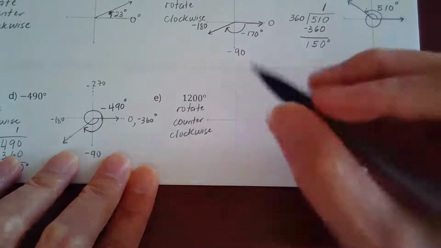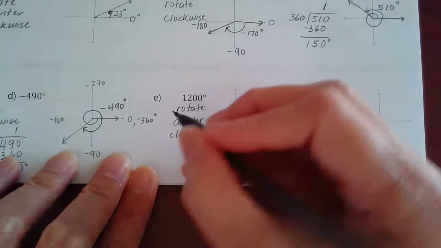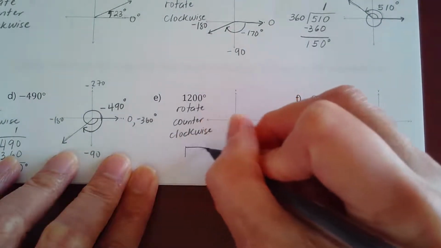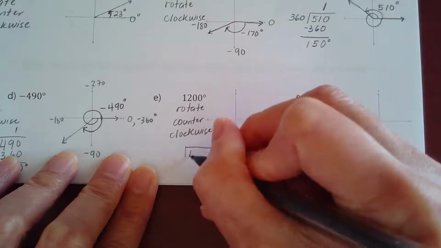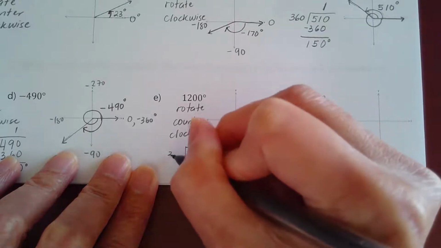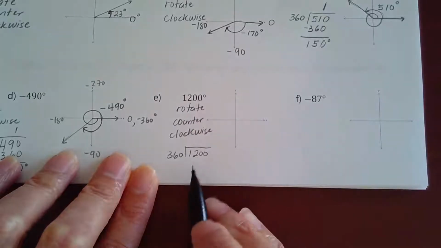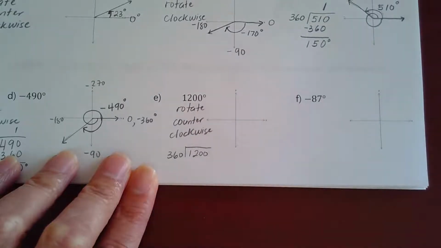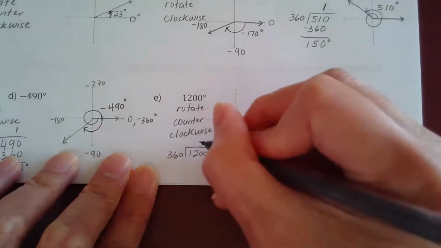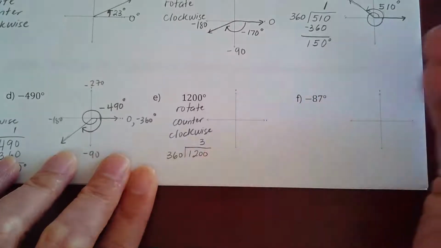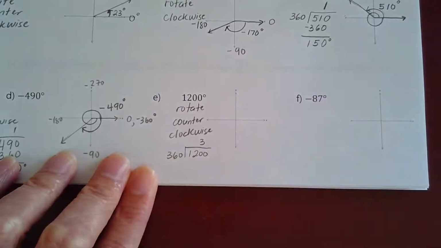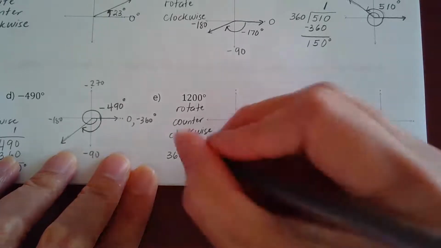Like where? So let's do the same thing. We're going to divide 1,200 by 360. So 1,200 divided by 360, we can fit 3 rotations in there. 3 rotations. 3 times 360 is going to be 1,080.